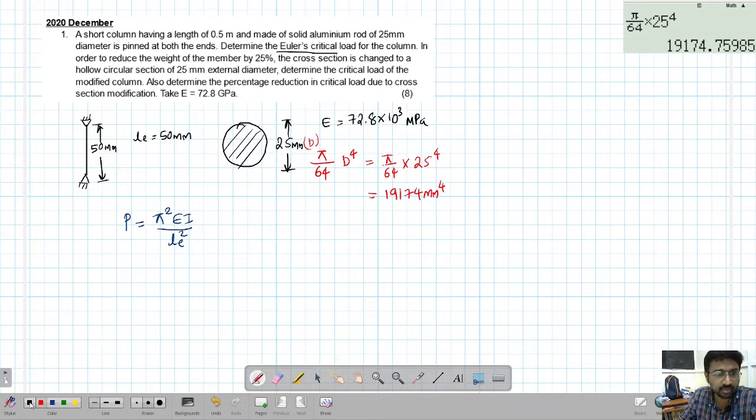Now we just have to substitute these values to get the value of crippling load. That is pi square, E is 72.8 into 10 to the power 3, I is 19174 mm to the power 4, L is 50 square. We'll calculate that very fast.